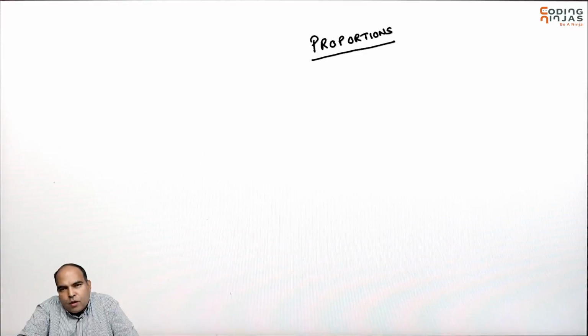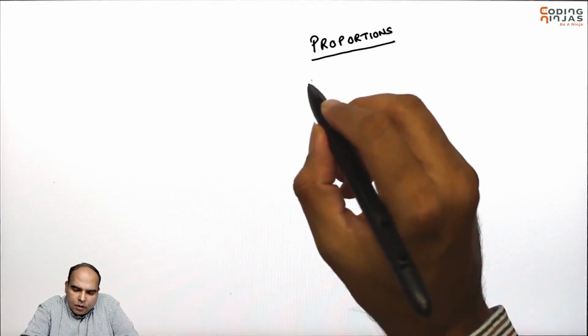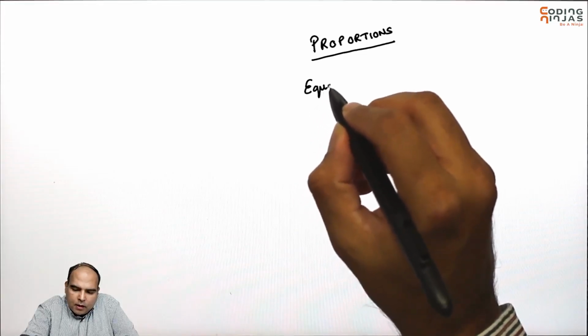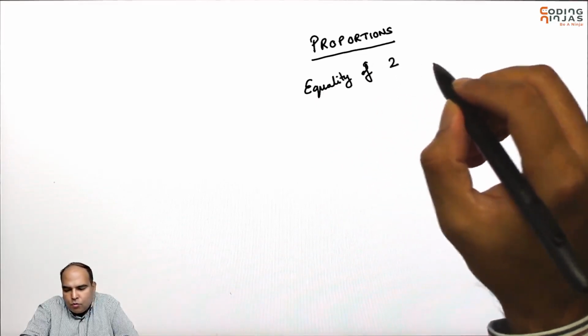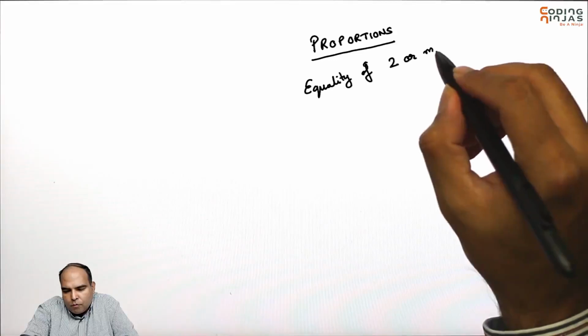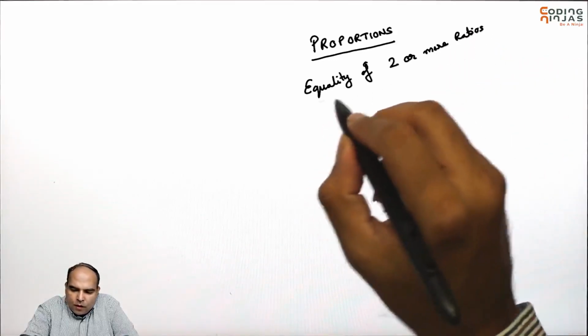And when you talk about proportions, the meaning of a proportion in language terms is essentially an equality of two or more ratios. A proportion is an equality of two or more ratios.